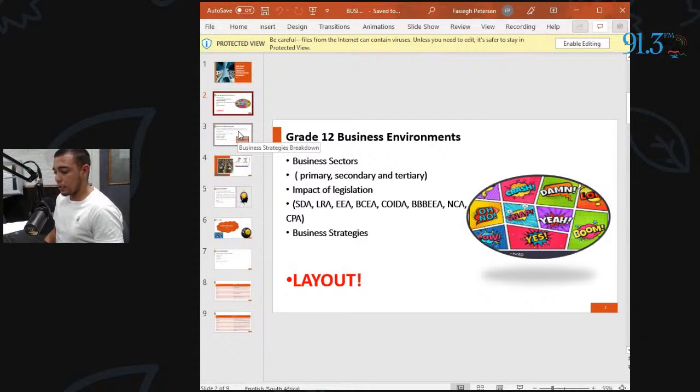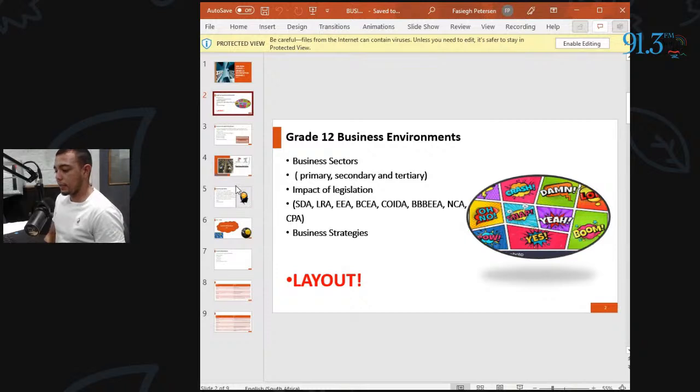So before we move further with that, I would just like to explain further on the impact of the legislation. So we have 7 to 8 different types of legislation. We have the SDA, the LRA, EEA, BCEA, COIDA, BBBEEA, NCA and CPA. So what does that mean?